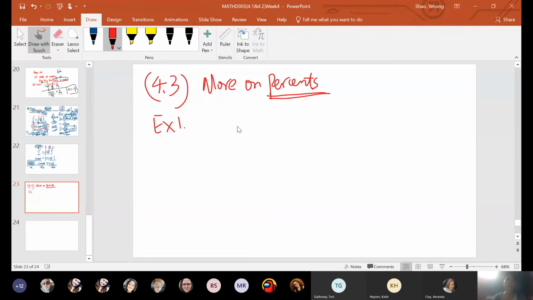Example 1. Suppose we have x equals 4.8 minus 0.25x.